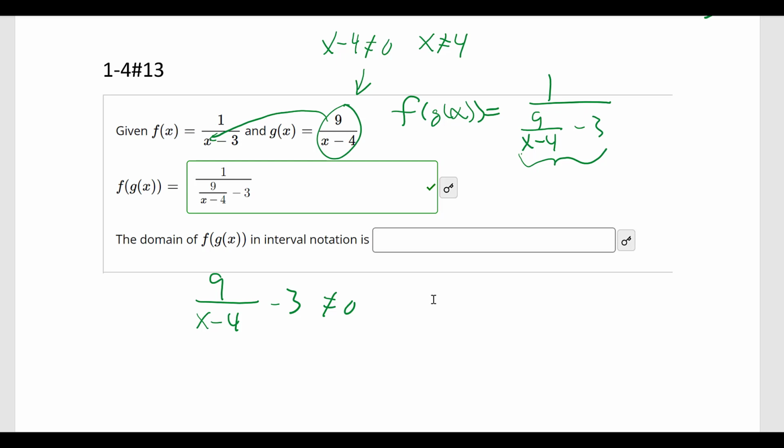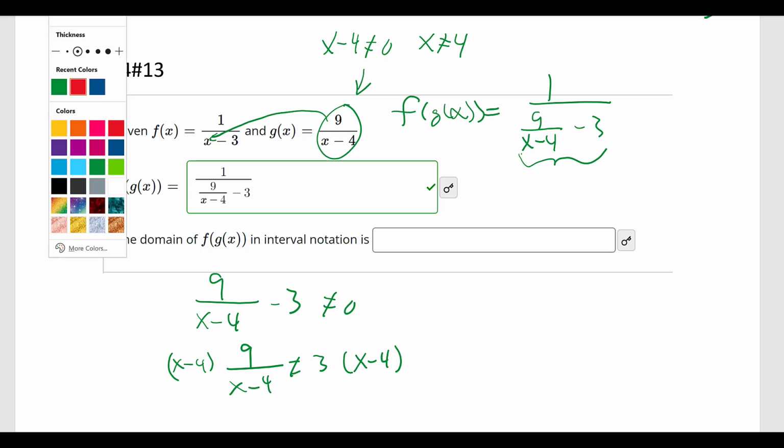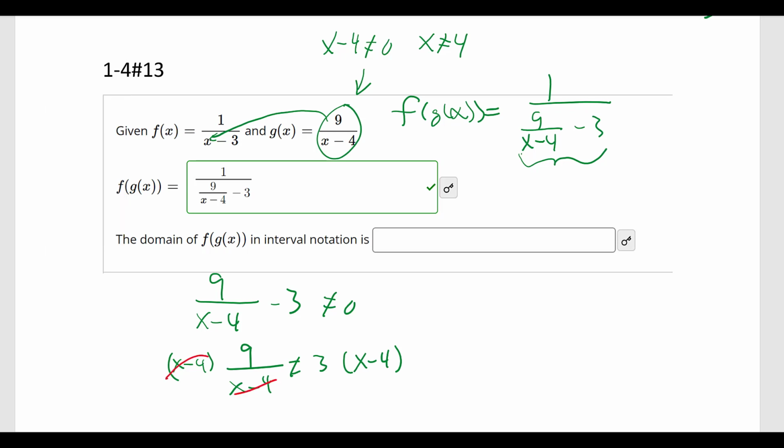So 9 over x minus 4 minus 3 cannot be 0. So 9 over x minus 4 cannot be 3, if I add 3 to both sides. Now multiply both sides by x minus 4 to allow me to cancel that. So this divides out.